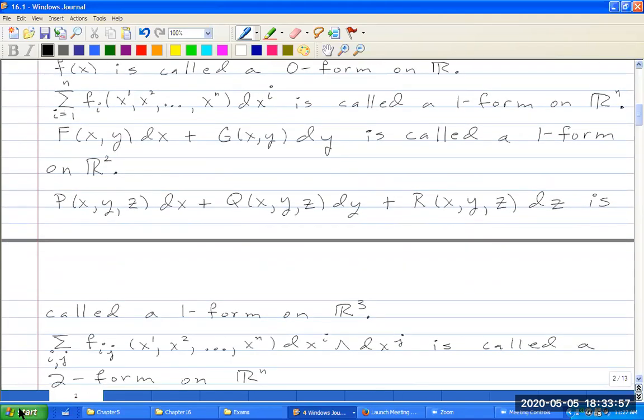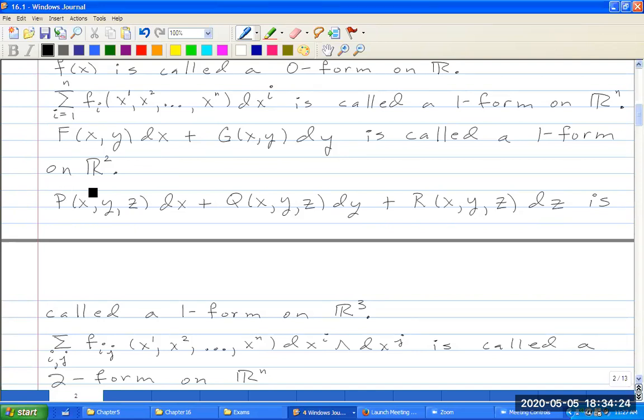Let me give you a specific example of a one form on R3. Usually, especially in R3 for one forms, we use P, Q, and R for the names of our functions, but that's just what we call our functions.